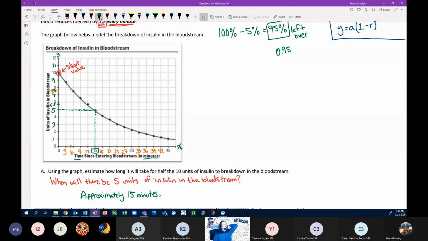Again, there's a couple things going on here. One is understanding the context, and the other is understanding how to read the graph and interpret the context on the graph. The units is on the y-axis, units is insulin, our time is on the x-axis. Anything I can clarify for part A here?